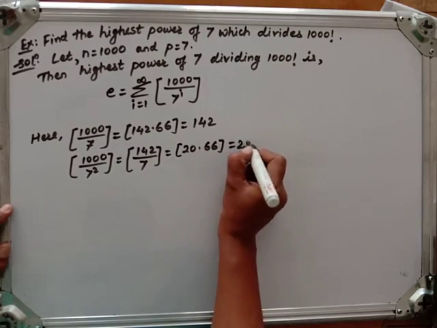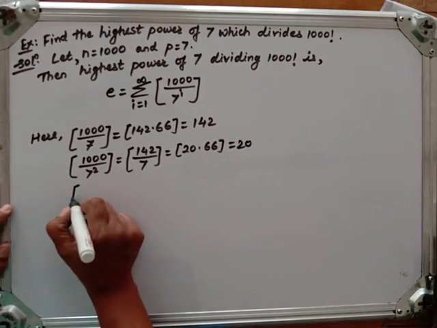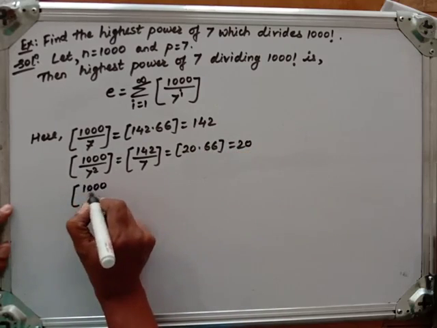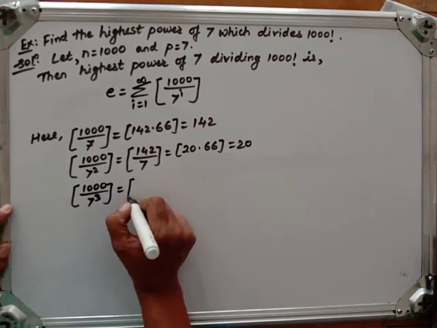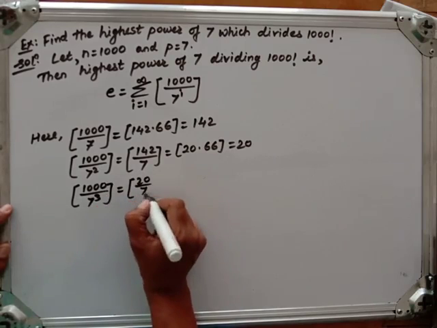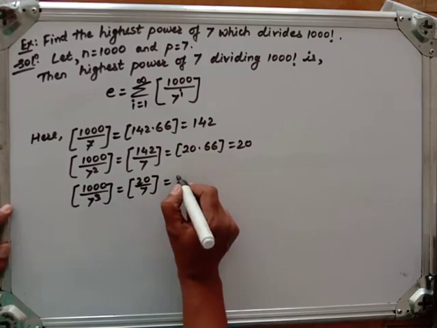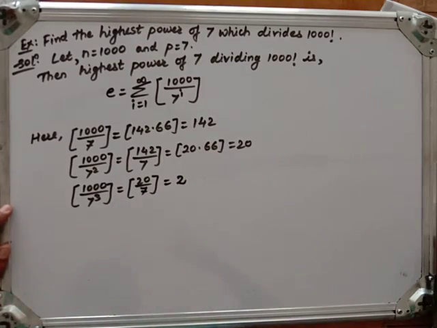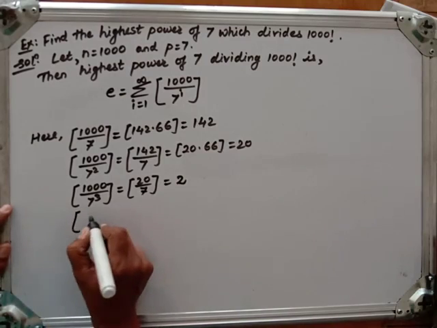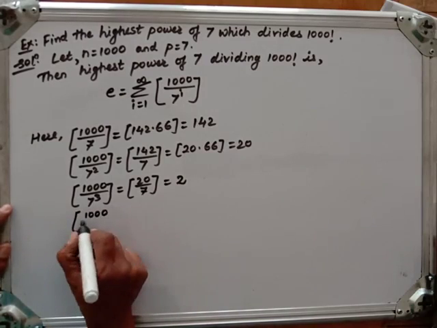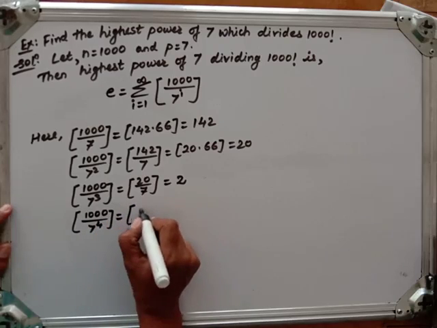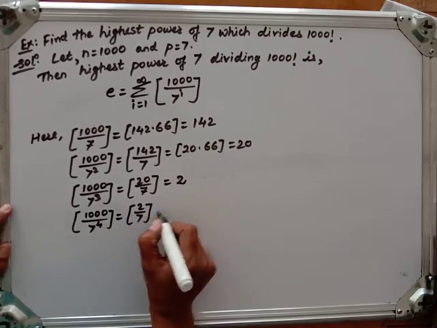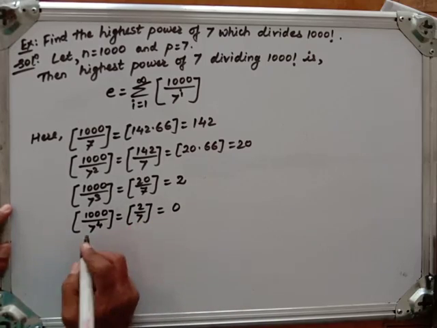So greatest integer function is 20. Again 1000 upon 7 cube, so it is 20 upon 7, so it is again 2 point something. So greatest integer function will be 2. Again 1000 upon 7 raised to 4, so it is 2 by 7, so it is 0 point something. So greatest integer function is 0.